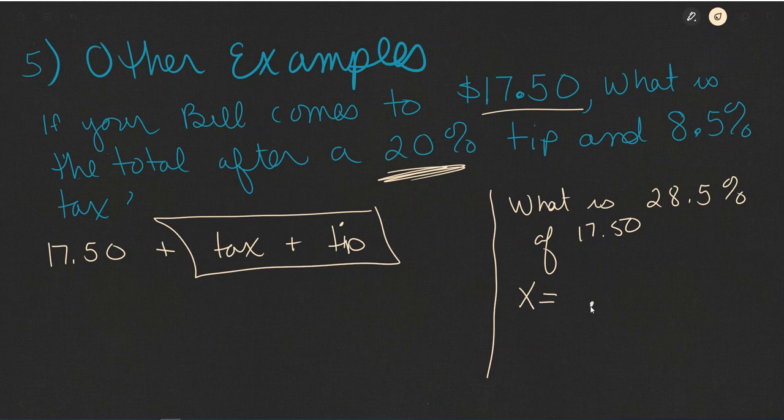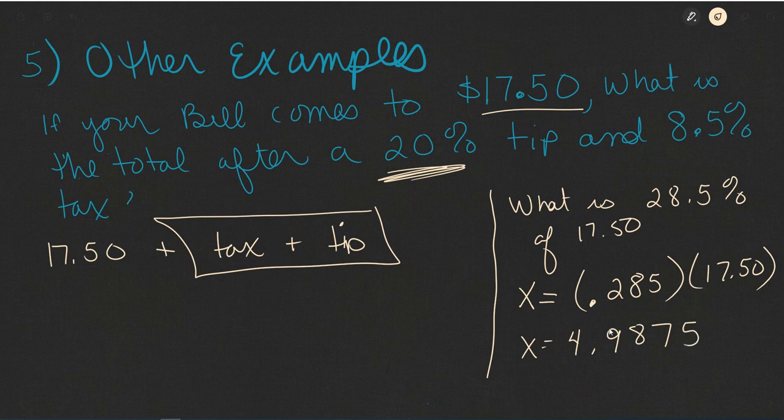X is 0.285 times 1750, and that comes to $4 and 0.9875. So I need to round up, it looks like, to 99 cents. But what this says is what is the total.